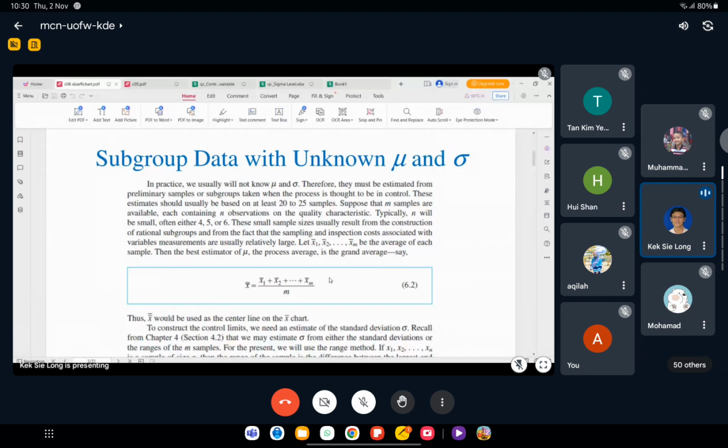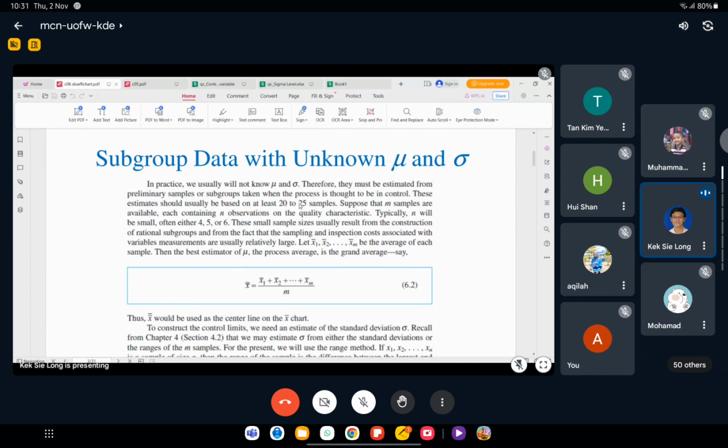I think you know this. If mu and sigma are unknown, what do we do? We have learned this in sampling. We need to highlight a certain sentence, the third line: this estimate should usually be based on at least 20 to 25 samples.